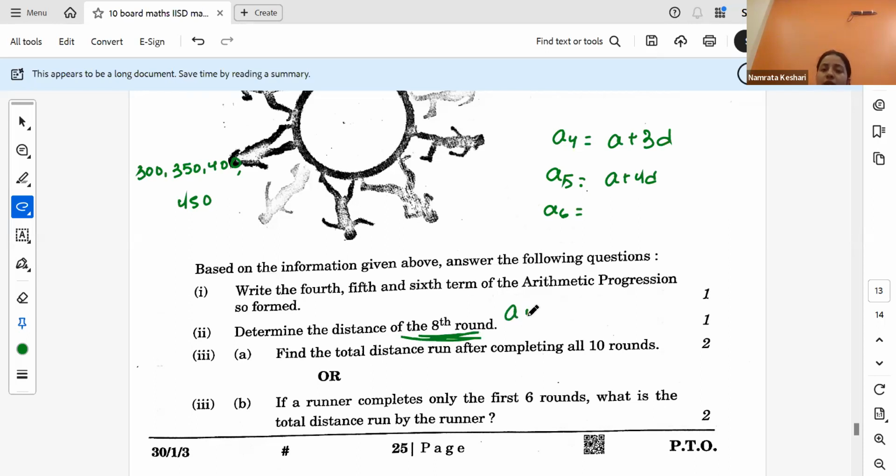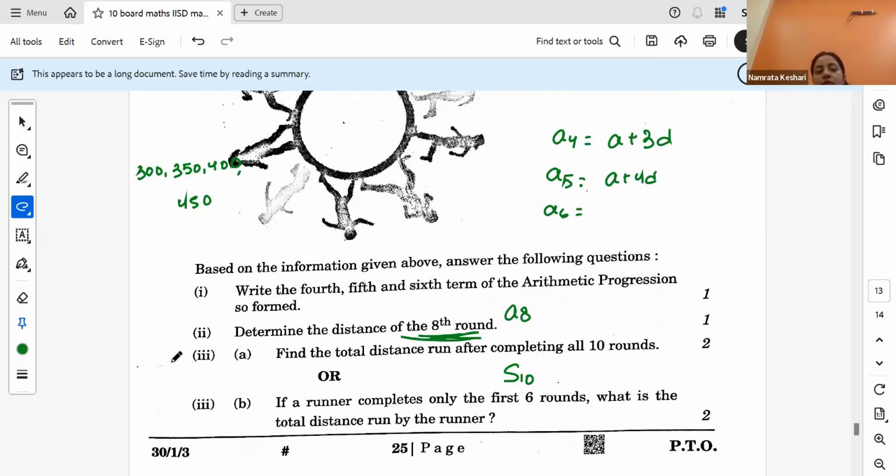The question is talking about the eighth term, right? Part 3 is talking about the total distance run after completing the 10 rounds. Actually it is talking about the sum of all 10 terms.